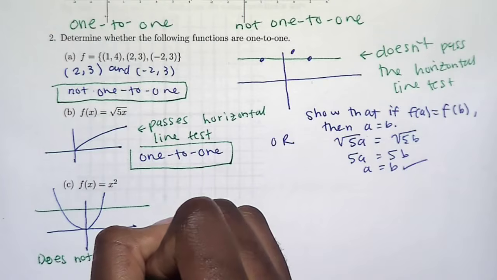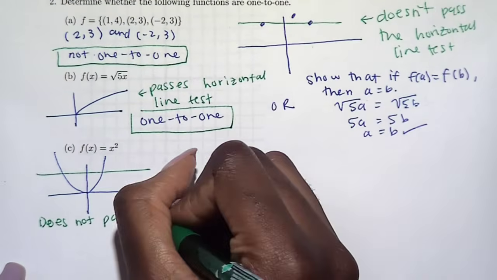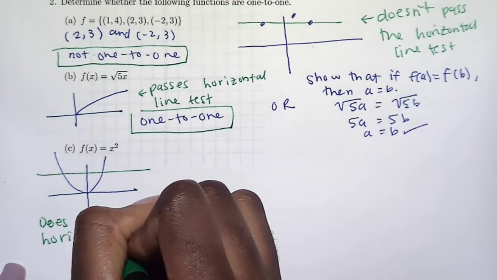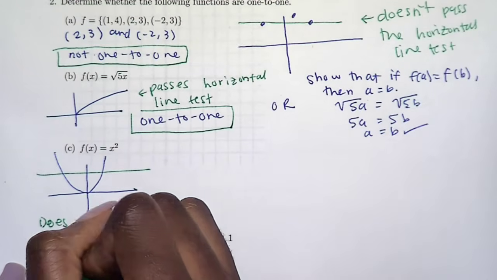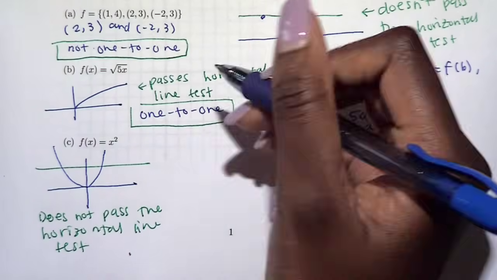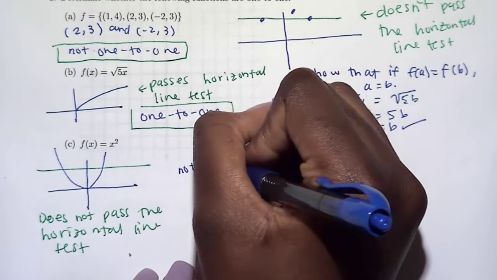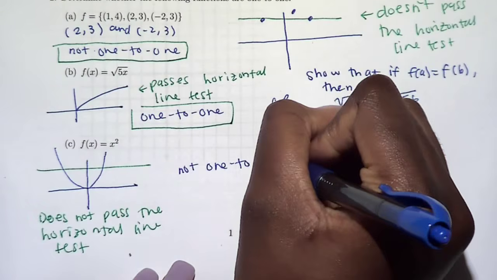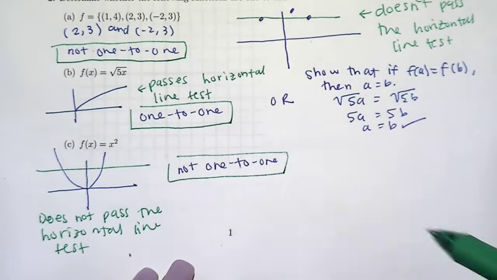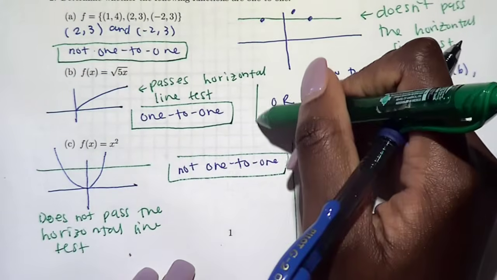It does not pass the horizontal line test. Well, what does that tell us? That this function is not one-to-one.